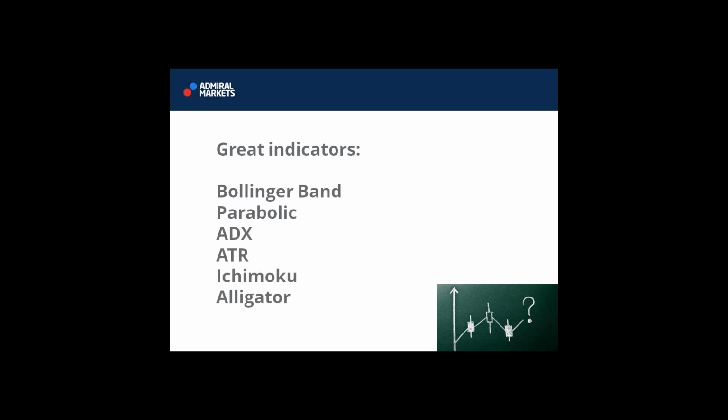I can see their value. Parabolic, I know traders that use it. ADX, ATR, Alligator. Alligator I've also sometimes used. But although these are great tools and indicators, I don't use them as a standard. I sometimes add them though occasionally if I'm just curious about a certain value, but it's not like my standard view.